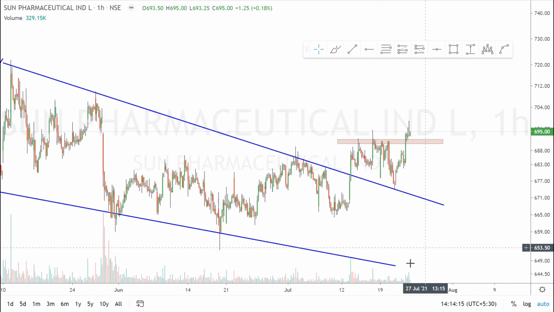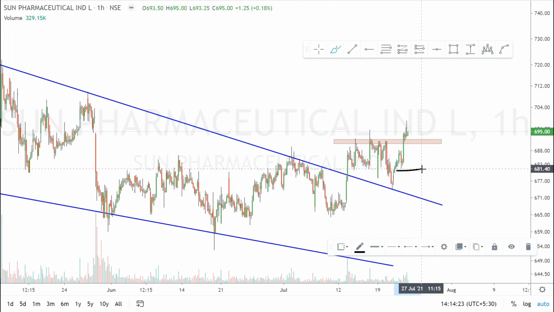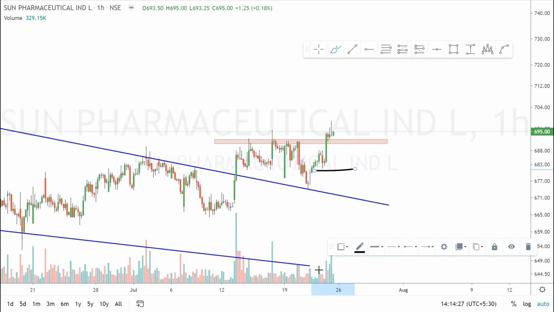If we talk about the stop loss and the targets, the first stop loss which we can keep here is approximately 680 levels, but that is going to be a tight stop loss. If you want to give some cushion to the stop loss, then you can keep a stop loss around 672 to 673 levels.